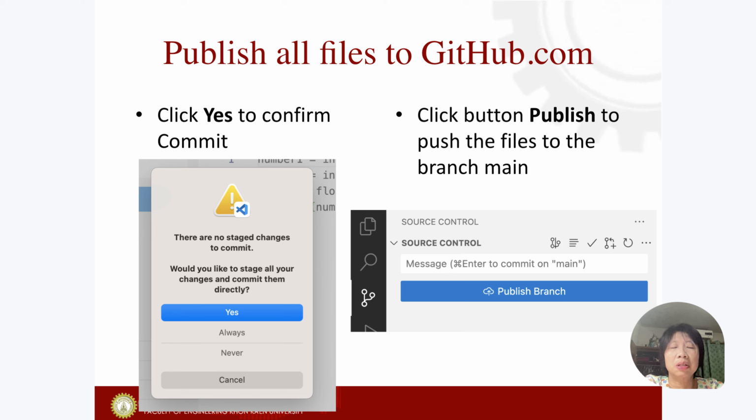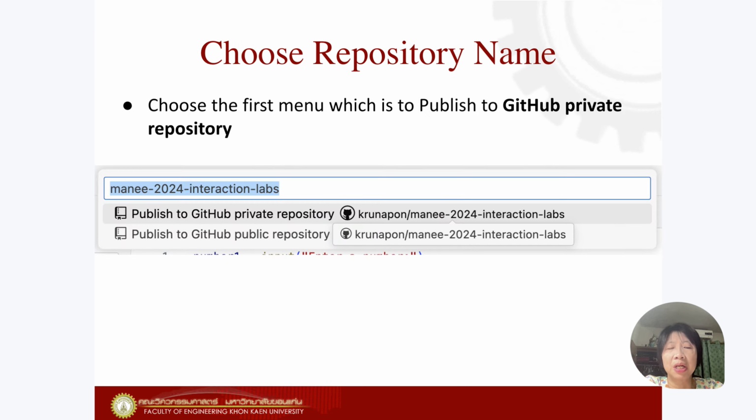And then Visual Studio Code will display the publish branch button for us to publish, to have this file on github.com. Here we want to choose the private repository with the name as your name dash the last four digits dash interaction labs.